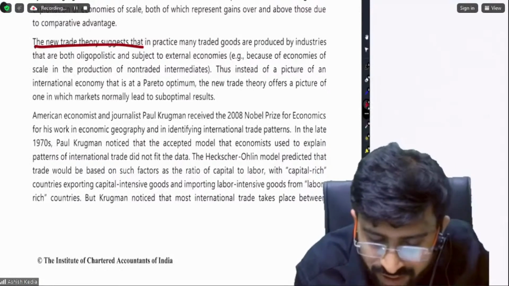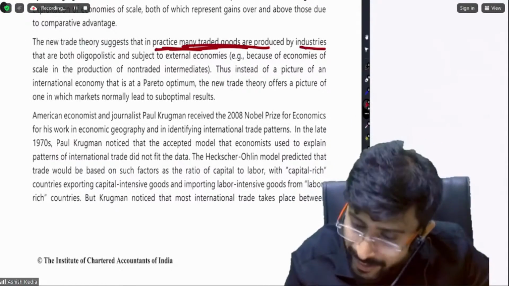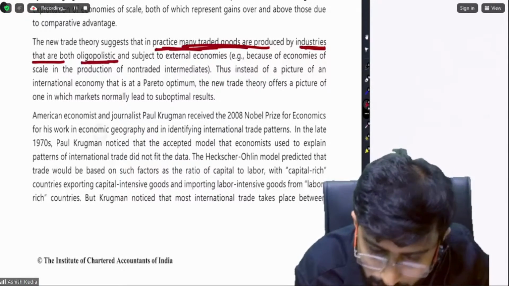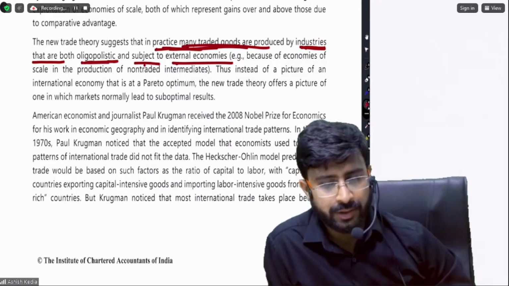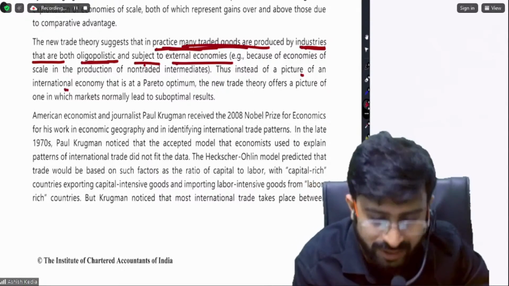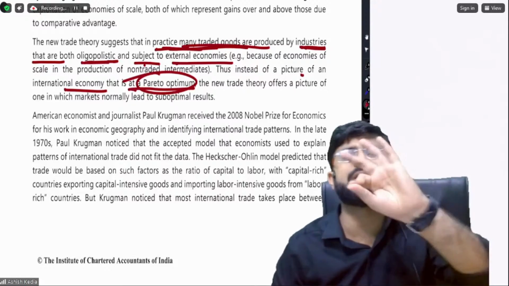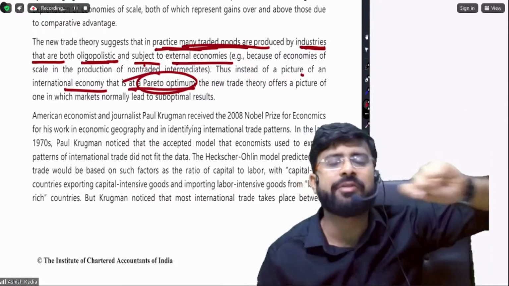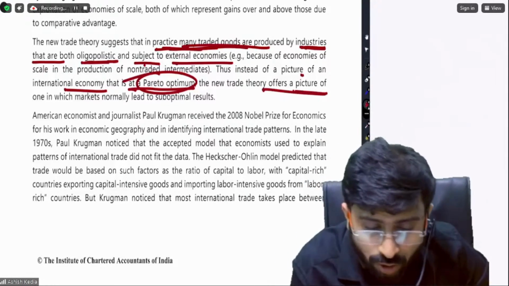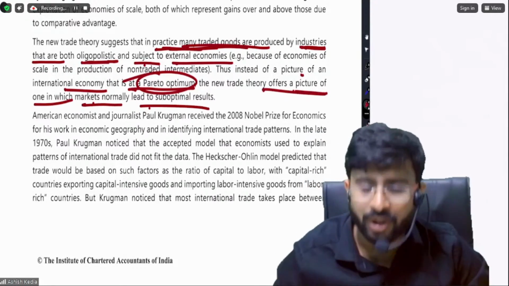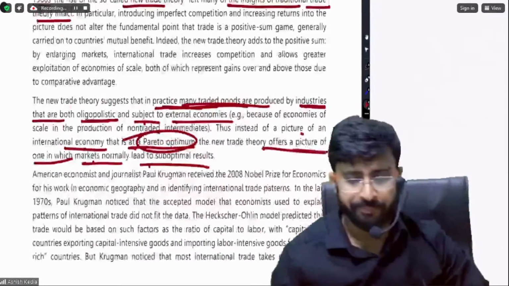The new trade theory suggests that in practice, many traded goods are produced by industries that are both oligopolistic and subject to external economies. Thus, instead of a picture of an international economy that is at a Pareto optimum, where everything is good and everyone is acting practically, the new trade theory offers a picture in which markets normally lead to suboptimal results. It talks about the actual thing.